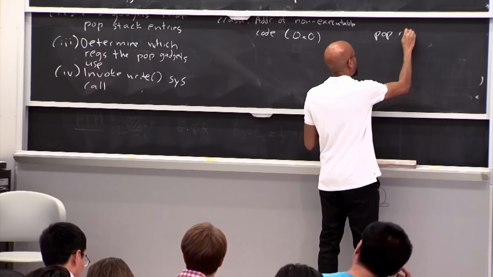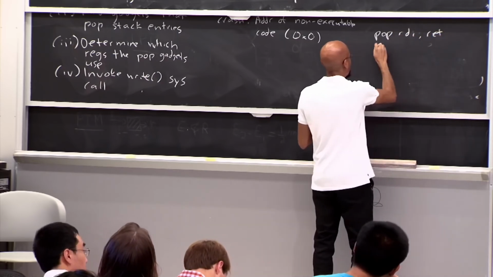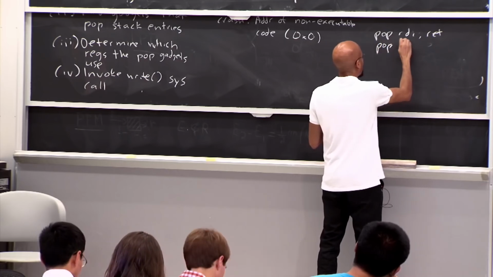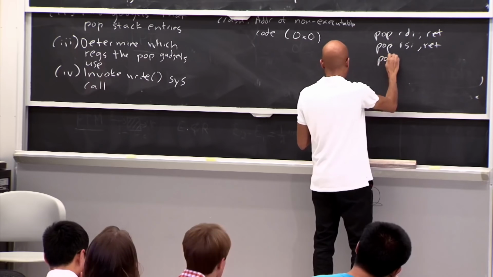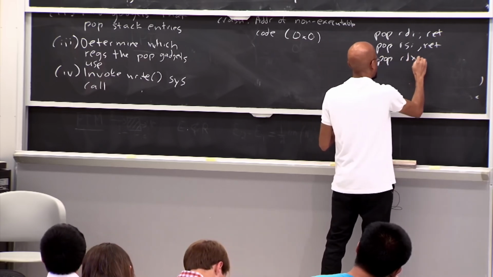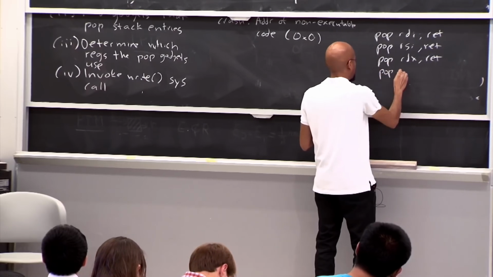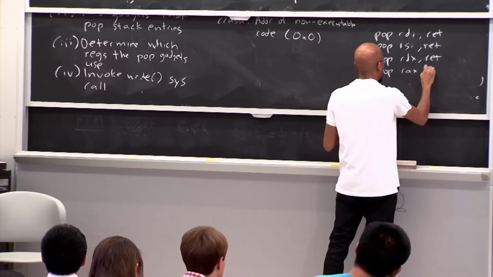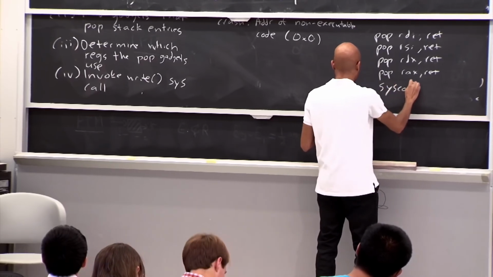We need to be able to pop RDI, pop RSI, pop RDX, pop RAX, and then invoke syscall.